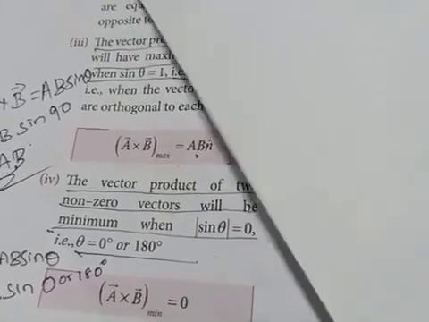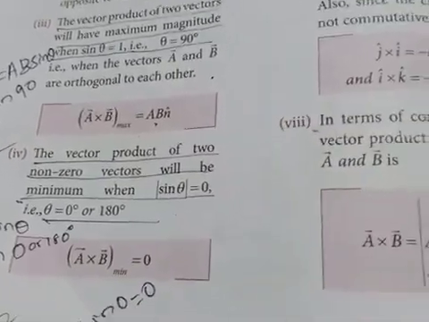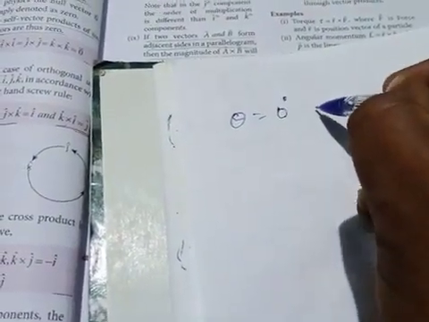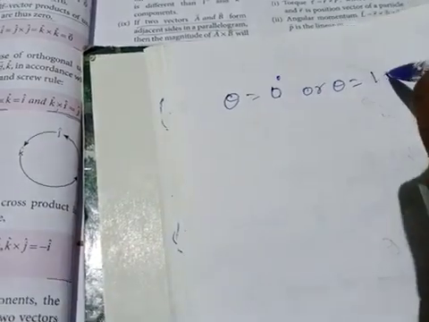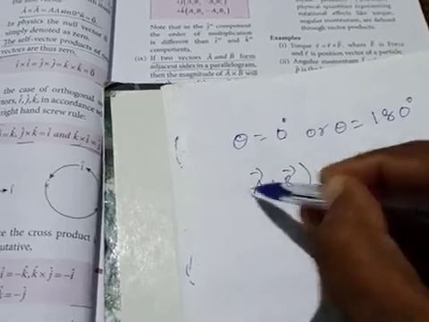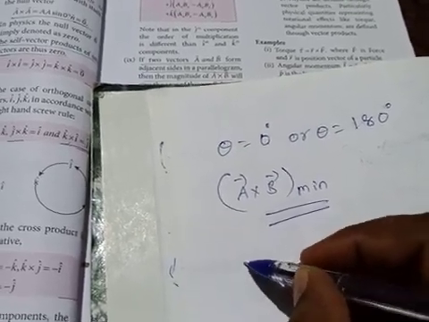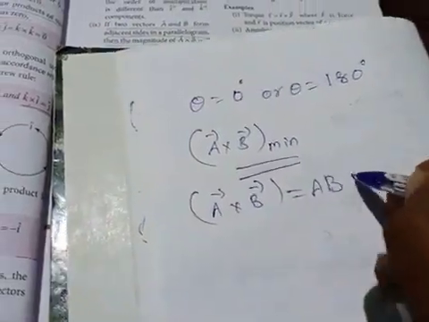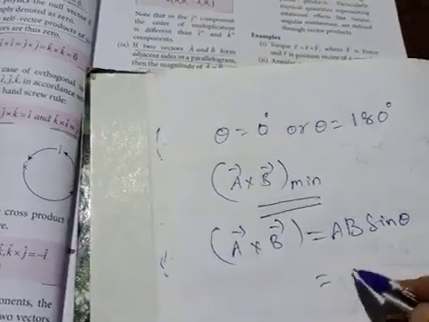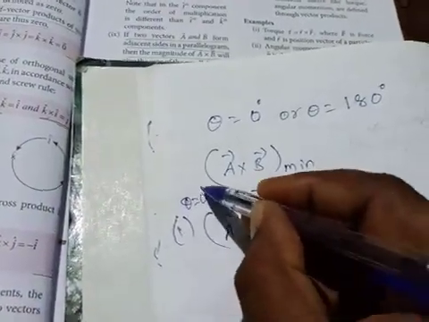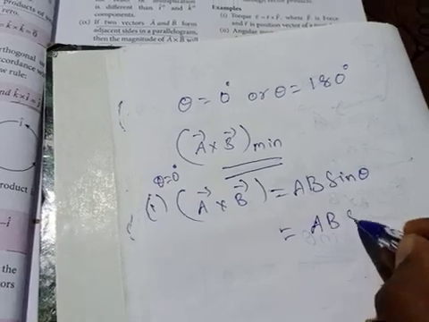Next, the vector product of two non-zero vectors will be minimum when theta is 0 degrees or theta is 180 degrees. Then A cross B will be minimum. Why? We know that A cross B is AB sin theta. Suppose theta is equal to 0 degrees, then it is AB sin 0.